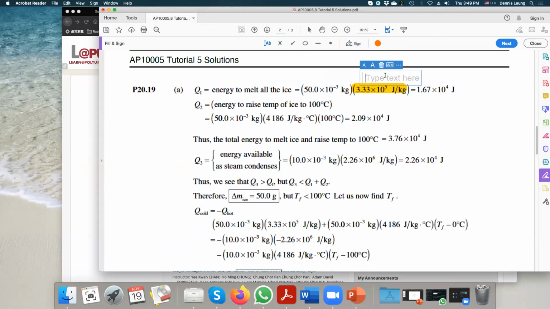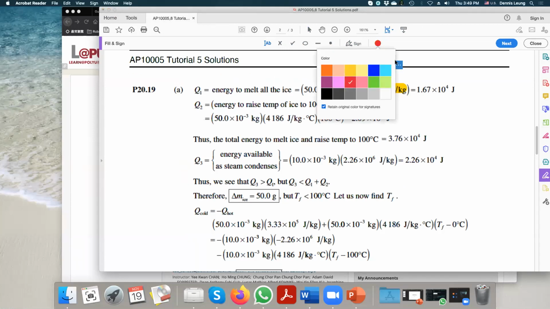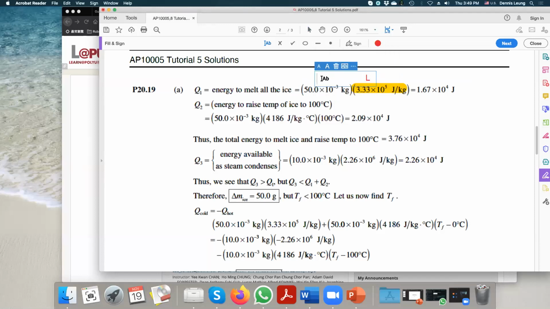So this would be L, and this is the mass of ice. So you could calculate the energy we require to melt all the ice, and you could compare it to the energy available from condensing all the steam.